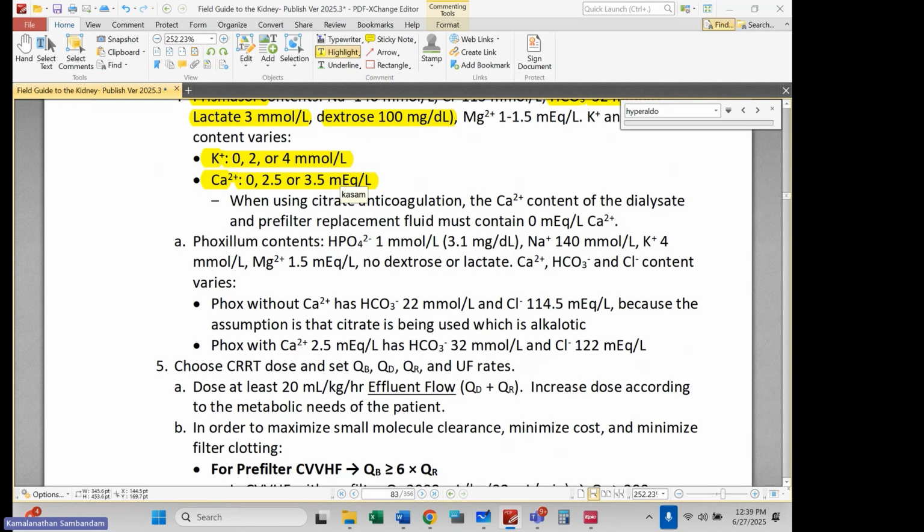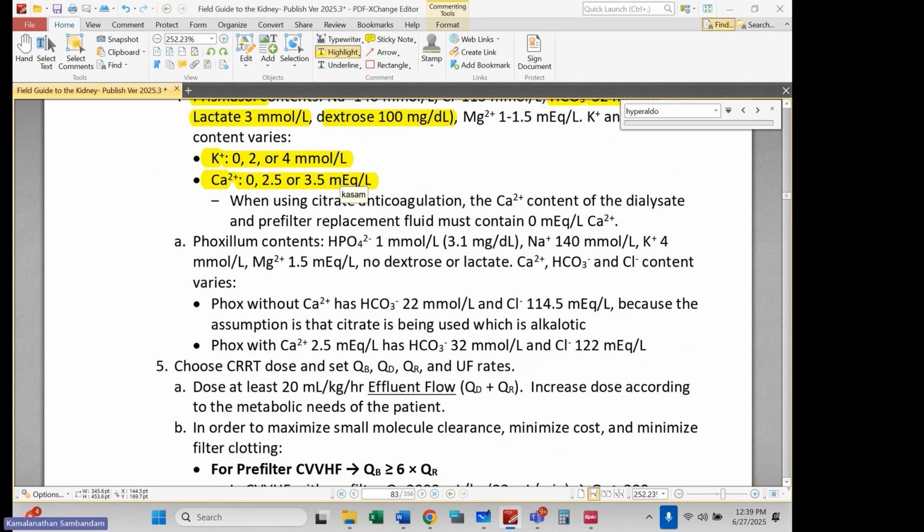A calcium of 2.5 milliequivalents per liter is equal to 1.25 millimoles per liter for a divalent ion. You multiply times 2 to get to milliequivalents. For sodium, they're identical. Milliequivalents and millimoles are identical because it's monovalent. So 2.5 milliequivalents is 1.25 millimoles.